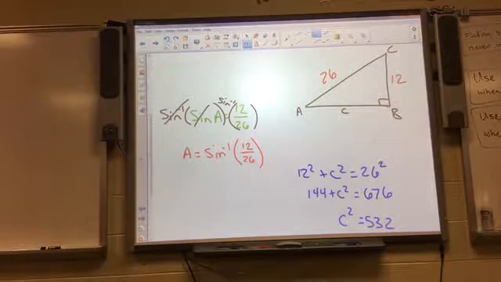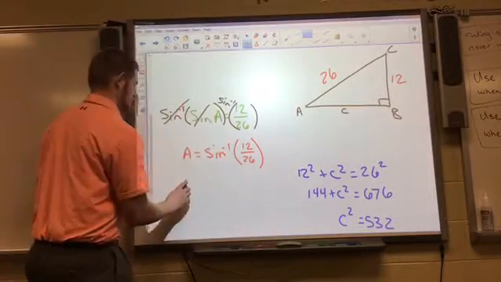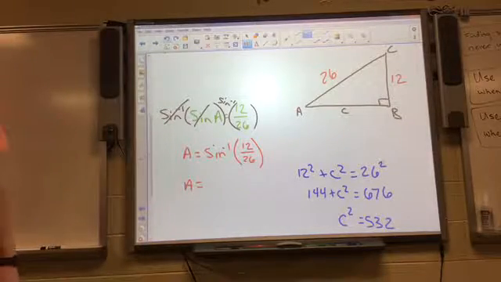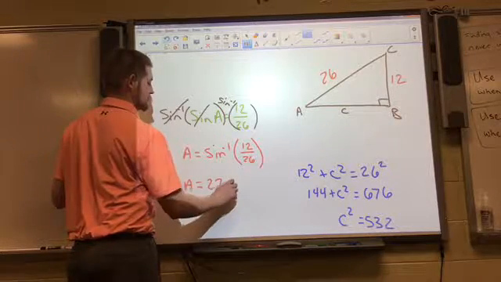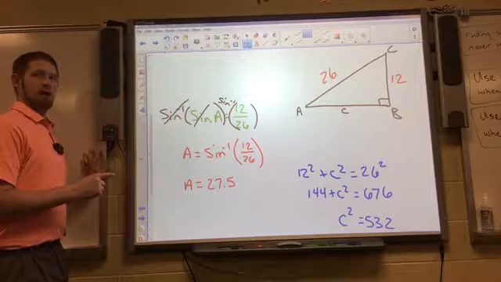So I have inverse sine, 12 divided by 26, close my parenthesis, and I get A equals what? 27.5. What did I find right there? Angle.